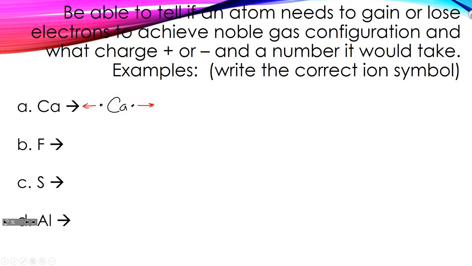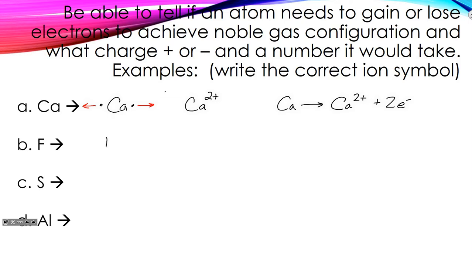When I do that, it becomes Ca2+. I could also write that this way. Ca goes to Ca2+ plus 2 electrons. And we'll be using that kind of verbiage later, so that's why I'm showing you both.